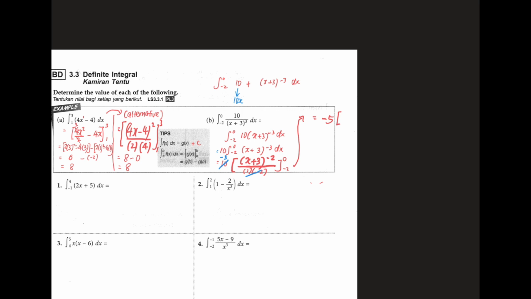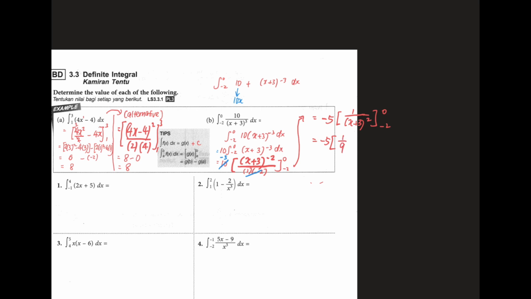Okay, now for the bracket, because it's a negative power, I can bring it down, and it takes a positive power. 0 minus 2. Okay, now we substitute 0. 0 plus 3 is 3. 3 to the power 2, 1 over 9.